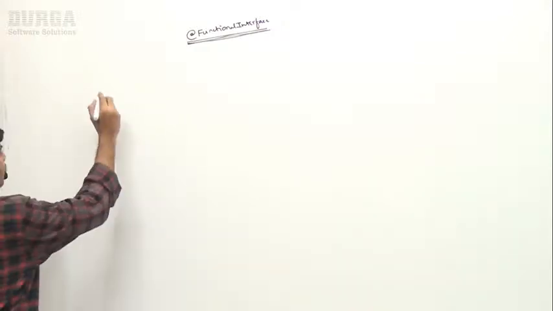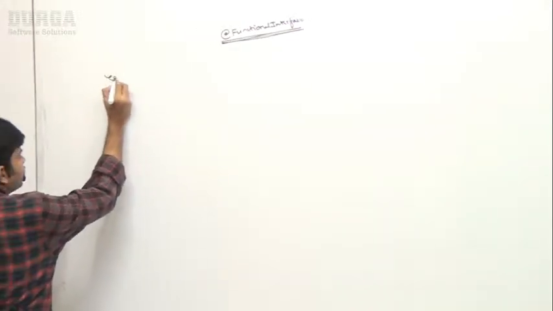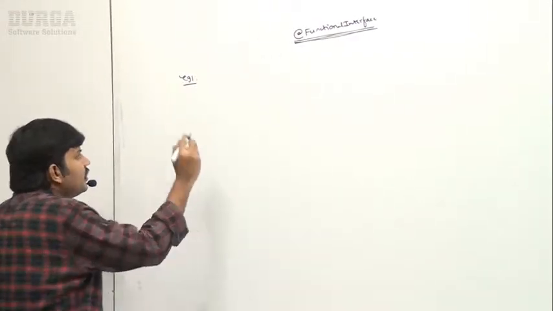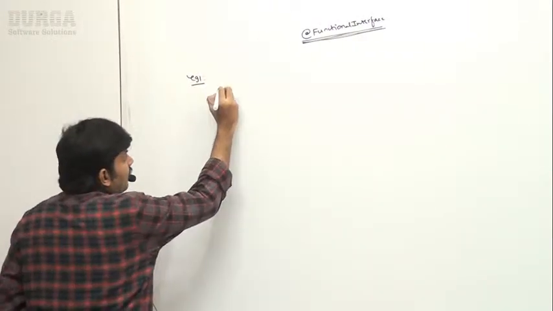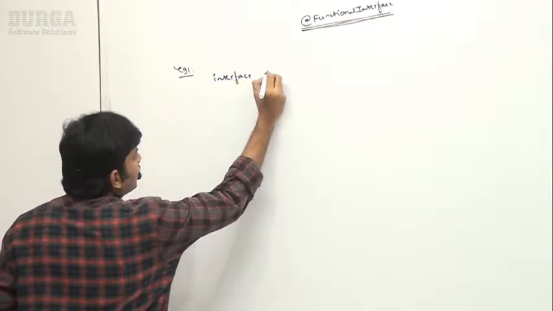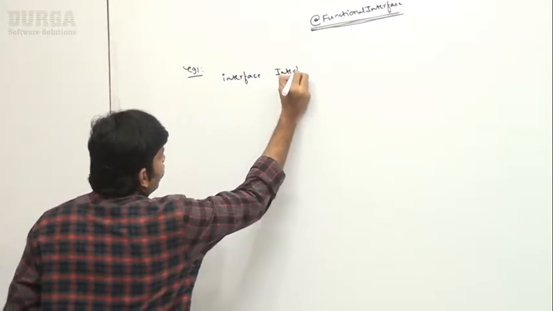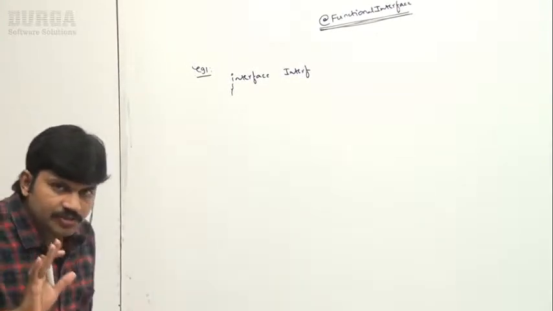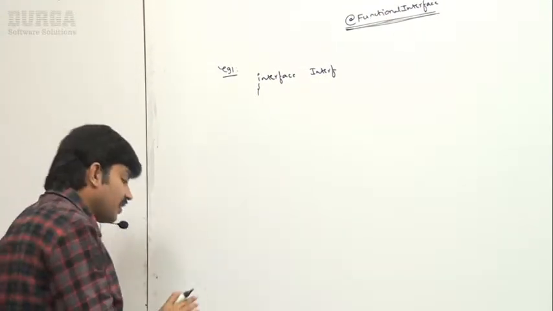Sir, I'm taking example 1. Just to take a very special case, example 1 I want to take. Sir, here I'm taking one interface. I want to declare it explicitly as a functional interface, right?